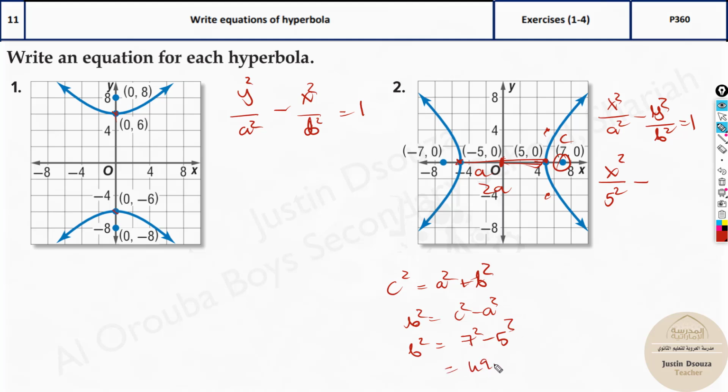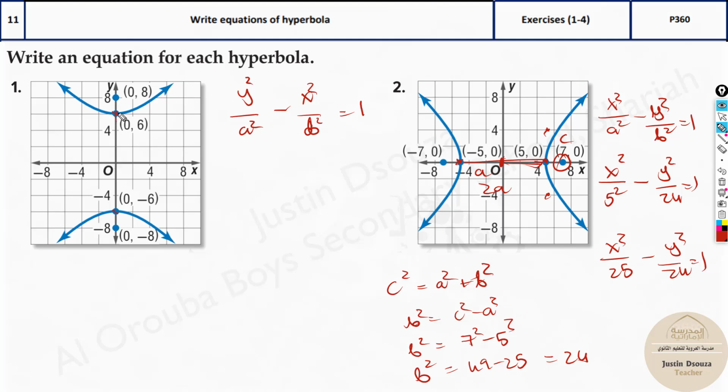So it will be 49 minus 25, that will be 24. So b square value is 24. So all I do is write 24 equals 1. So the final answer will be x square by 25 minus y square by 24 equals 1.